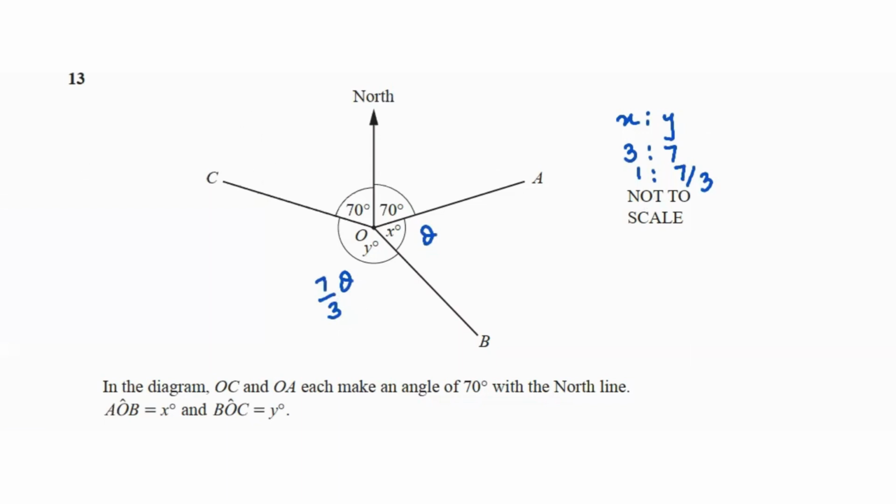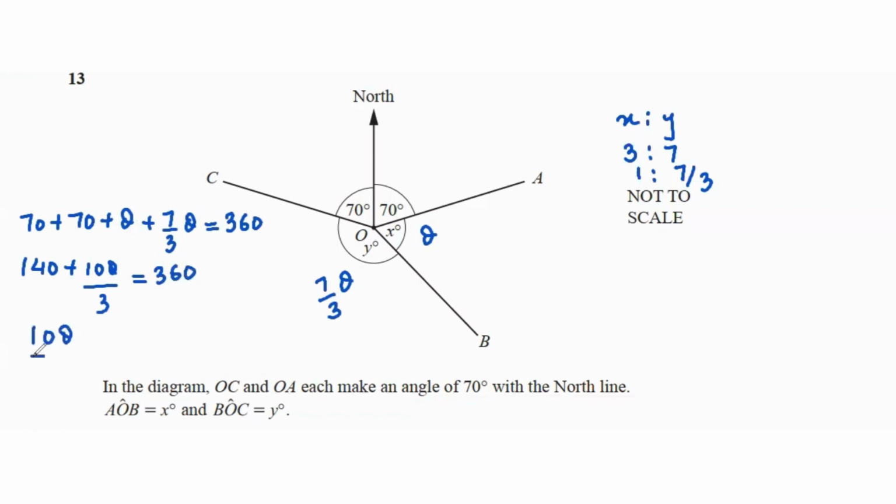Okay. So I'm going to do 70 plus 70 plus theta plus 7/3 of theta equals 360 because the sum of angles around a point is 360. So that's 140 plus 10 theta over 3 because I add theta to 7 theta over 3. That's 10 theta over 3 equals 360.